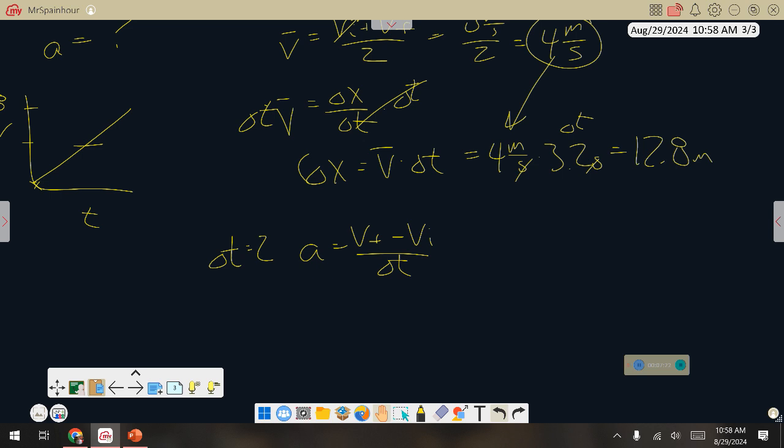There's one other thing that should be different. Acceleration absolutely should be the same, so we already know it. VI is still starting from 0. Oh, VF. Correct. Obviously, we're trying to get the new VF. This 2 seconds, by the way, in case you're confused, is somewhere between the 0 and the 3.2. So we're using the acceleration that we know.